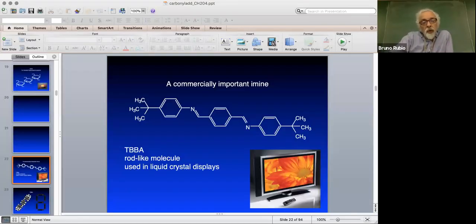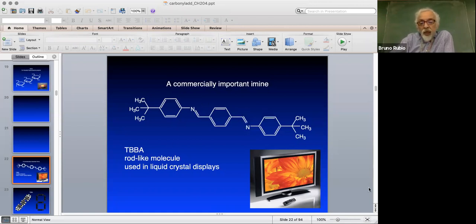Okay, so we're talking about imines. I wanted to show you some pretty pictures of the imine. Here we have a molecule that is used in liquid crystal displays, in TVs, and so on and so forth. We see this carbon-nitrogen double bond here, and this carbon-nitrogen double bond here. That's what makes it an imine.